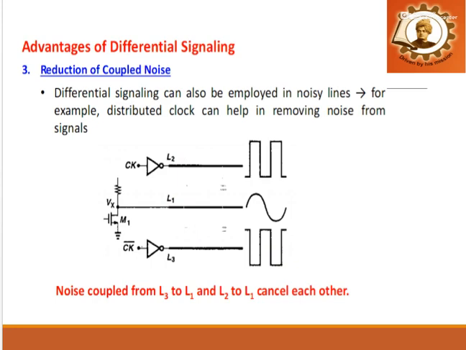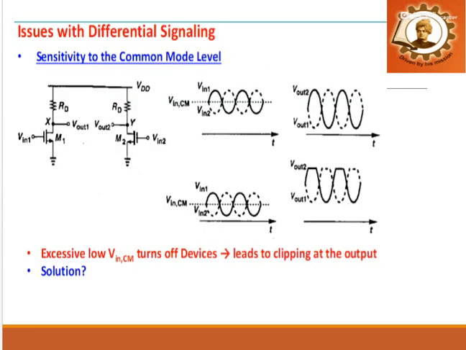That means if some noise is added to line L1 from L2 and another noise is added from L3 to L1, these two noises will be in opposite polarity and will cancel each other. So there will be some reduction of this coupled noise. This is another advantage of differential signaling.